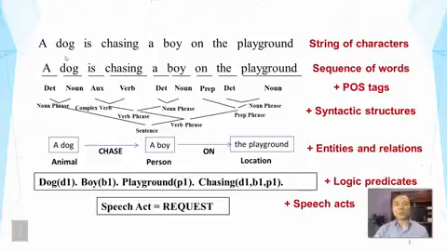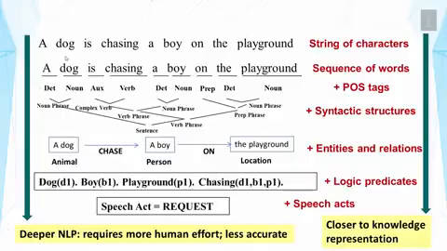So this picture shows that if we move down, we generally see more sophisticated natural language processing techniques to be used. And unfortunately, such techniques would require more human effort, and they are less accurate. That means there are mistakes.